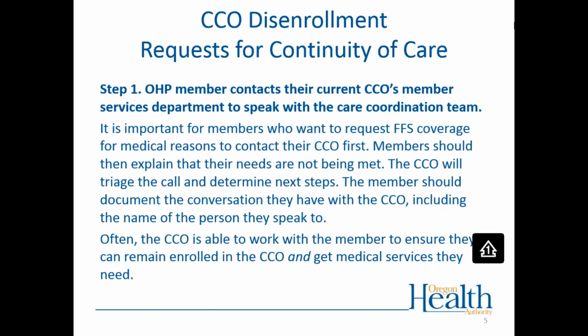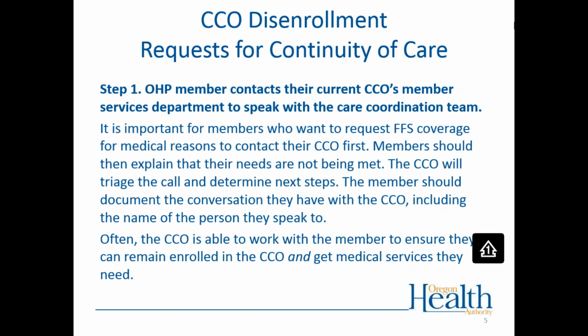Okay, so let's talk about the process for requesting CCO disenrollment for continuity of care reasons. So if someone is receiving care that their CCO is unable to provide for them, or they believe their CCO is unable to provide for them, they can request a disenrollment from their CCO.